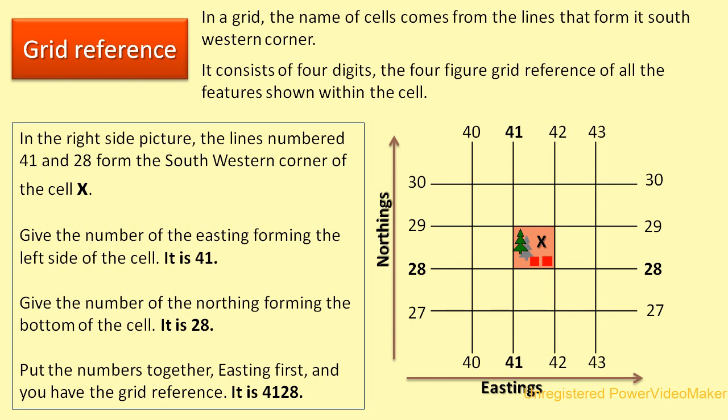Once again, I am reminding you, while giving a name to a particular cell, you first give the number of the Easting, then the number of the Northing, that is intersecting on the south western corner, or bottom left corner, of the cell.